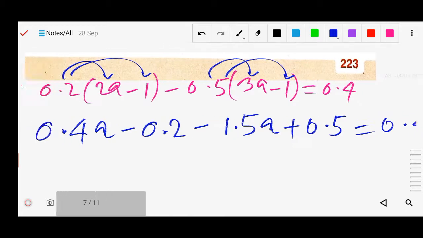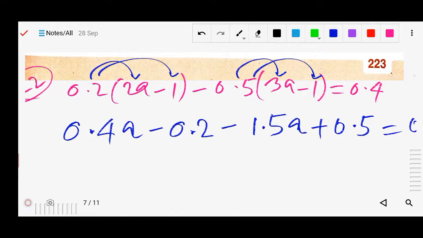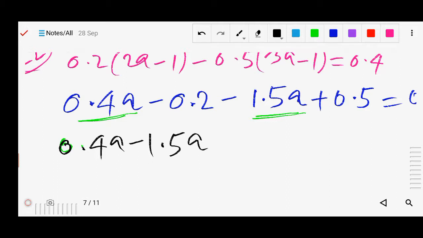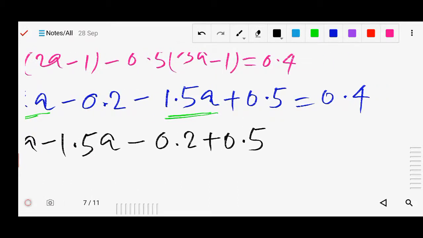Okay, now we can arrange, means we can write these two parts together. We are only arranging, not shifting; we are writing together the same type of quantity. 0.4a minus 1.5a equals 0.4.